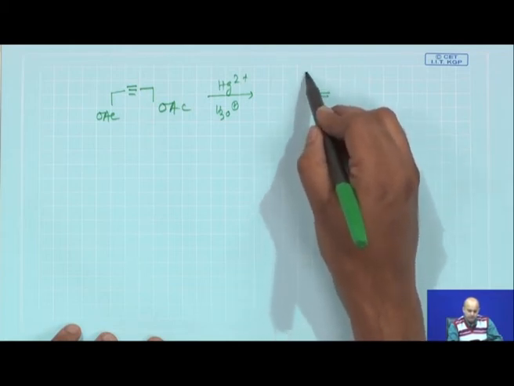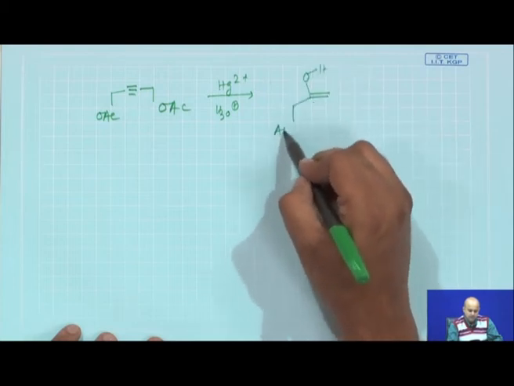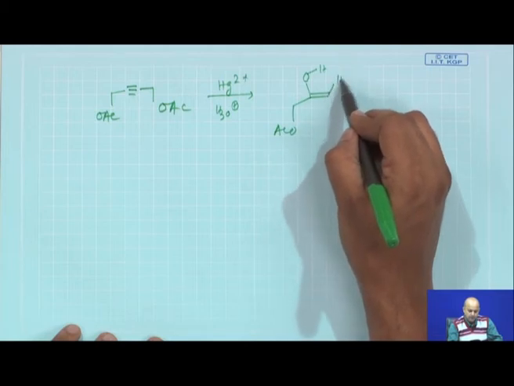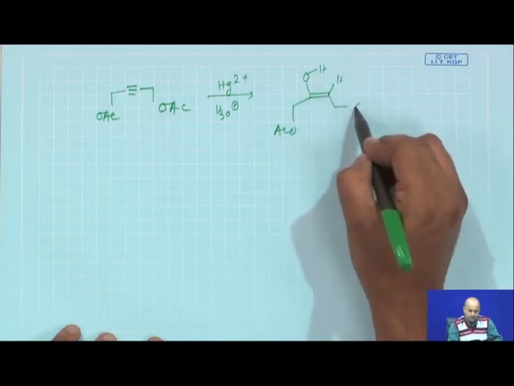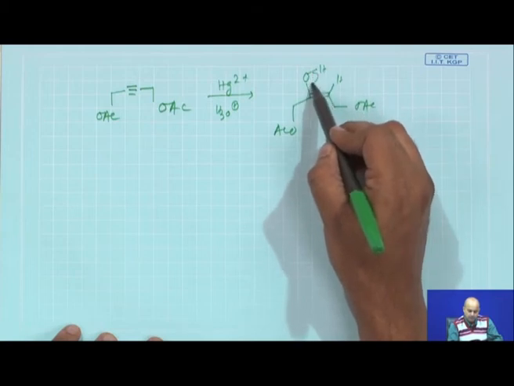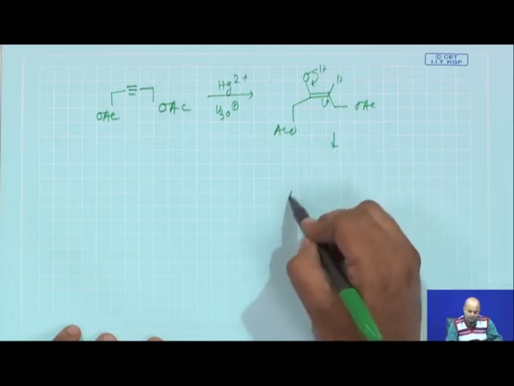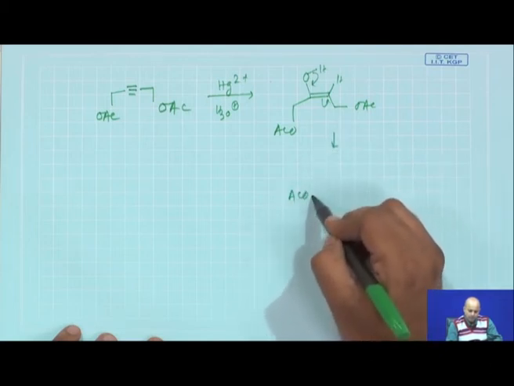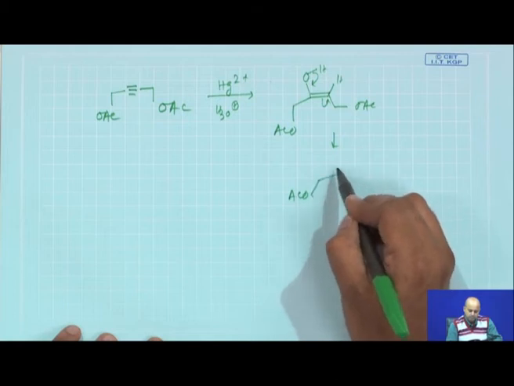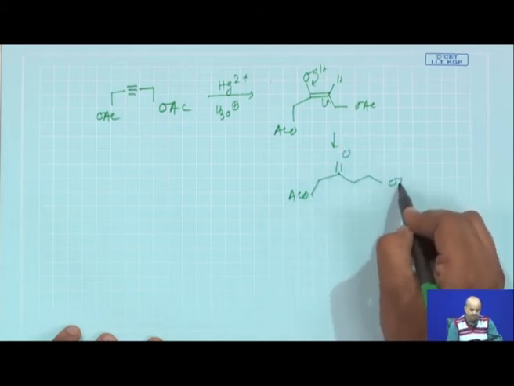So, you have a symmetrical alkyne. So, you are having this OH, CH2 OAc, hydrogen attacks here, you are having a CH2 OAc. Now, this vinyl alcohol undergoes tautomerization to basically give you C=O, double bond, O CH2 OAc.